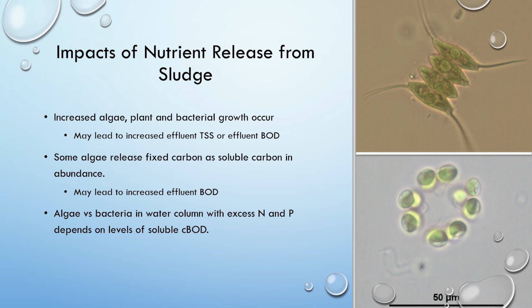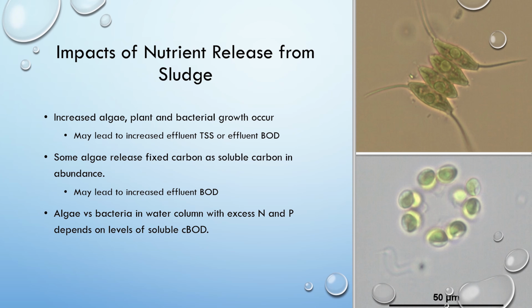Something to remember is that some of these algae are photosynthetic organisms, so they can make their own fixed carbon, which will sometimes count as soluble BOD. They overproduce it and might start releasing some of that into the water column. Certain algae, I don't really have a picture of it here, can also be very difficult to manage because Dictyosporium, which I know, has a slime layer that's very thick and distinct, and it's not really possible to get many chemicals into it.